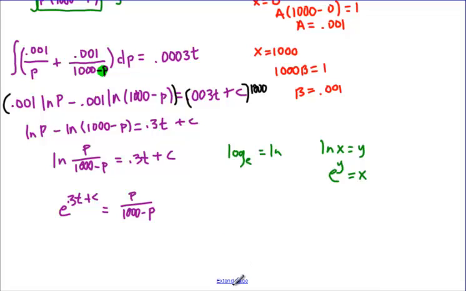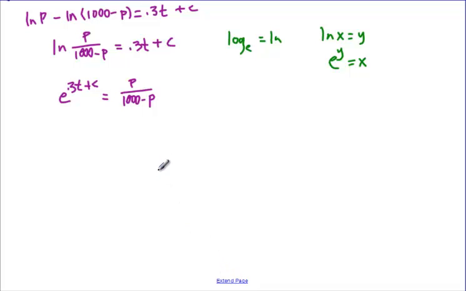They're telling me when t is 0, my population is 61. Okay? When t is 0, my population is 61. So now I'm going to substitute in t equals 0, and I'm going to substitute in for p, 61.